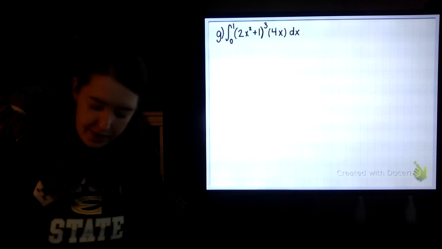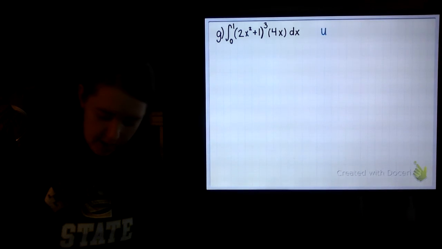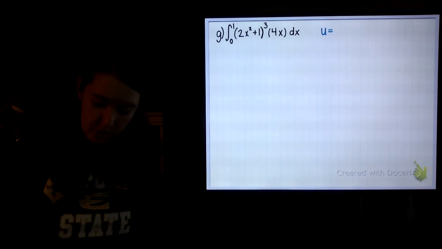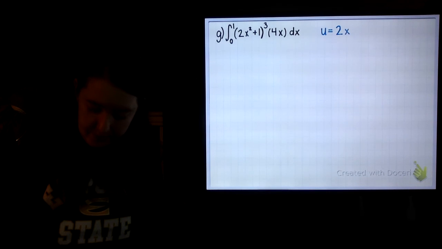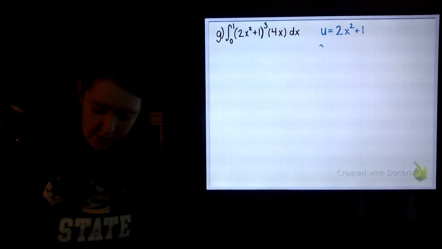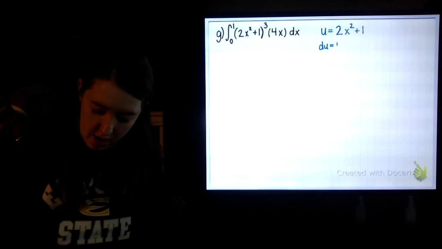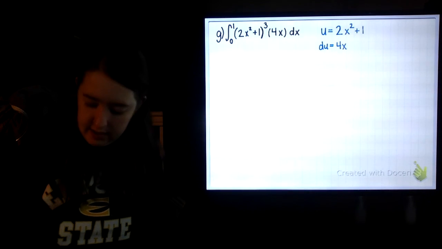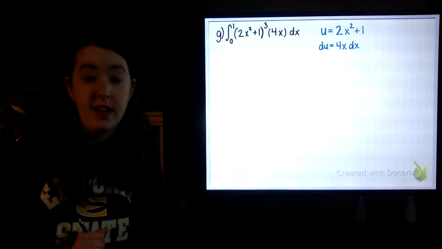So here's what I'm going to do. I'm going to go ahead and say that u is equal to 2x squared plus 1. All right, so then we have du equals 4x dx when we take the derivative of both sides.